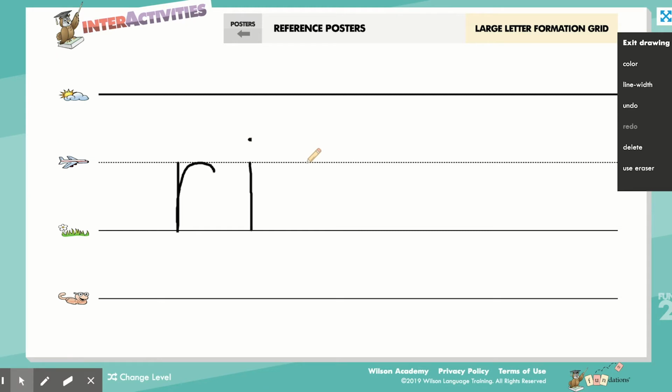C, point to the plane line, fly back, make a curve to the grass line. H, point to the skyline, go down to the grass line, trace up to the plane line, and make a hump. Rich.